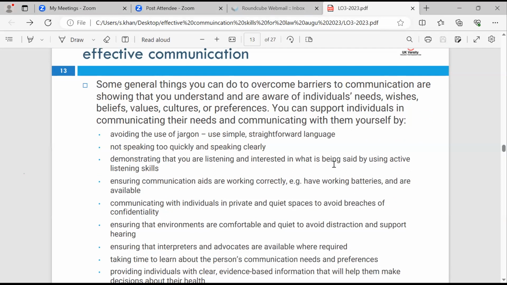Demonstrating that you are listening and interested in what they are saying by using active listening skills. Sometimes if you sit there and you sound like you're bored and you start yawning, that doesn't show that you're interested, does it? No. Yeah. Ensuring communication aids are working correctly, so for example, having working batteries available.